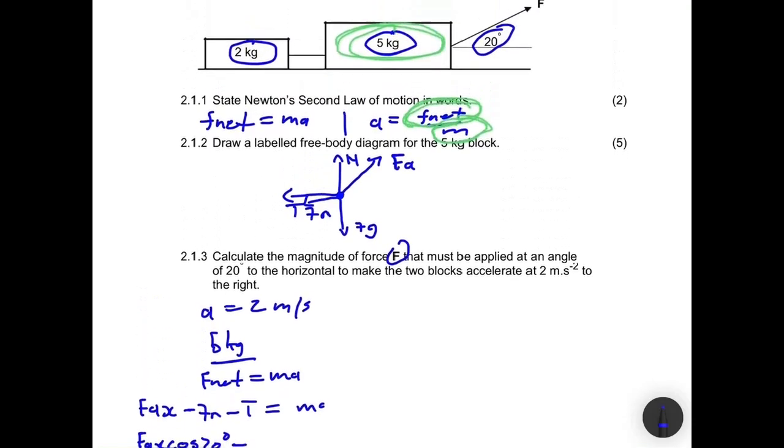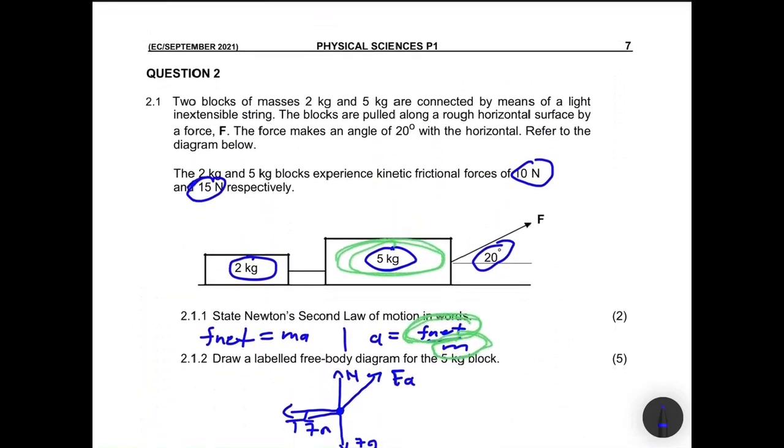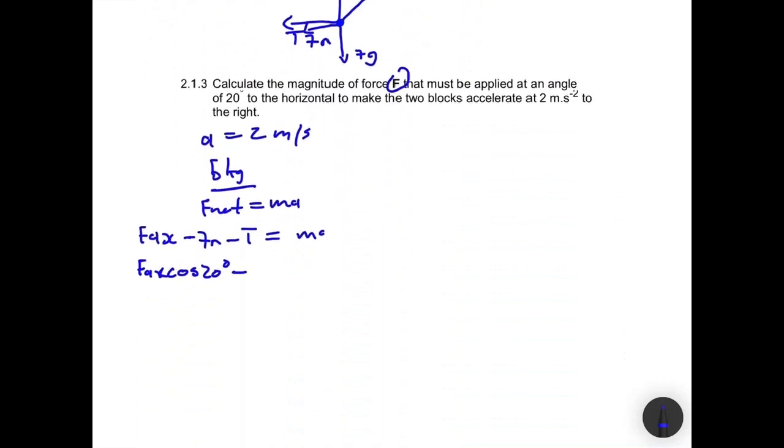The frictional force is said to be equal to 15 Newton, so minus 15, and then minus the tension. We don't know what the tension is, so we're just going to leave it like that for the moment. And then that is all equal to ma. We know the mass is 5 and the acceleration we're assuming is 2, since the question says to find the magnitude of the force F that must be applied if the blocks will accelerate at 2 meters per second squared.